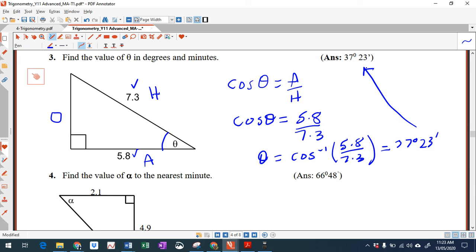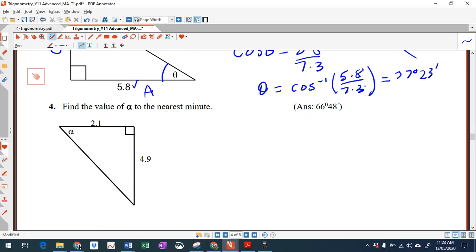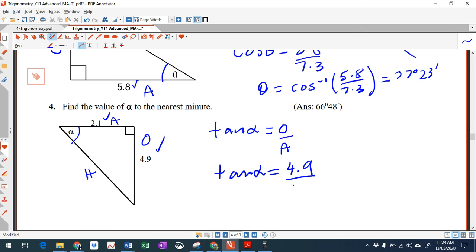Okay. Right, next question. Find the value of alpha to the nearest minute. So we have, here's our angle. This is the opposite side, this is the adjacent. This is the hypotenuse. So we're given the opposite, given the adjacent, so we're working with tan. So tan alpha in this case is opposite divided by adjacent. So tan alpha is equal to 4.9 on 2.1.